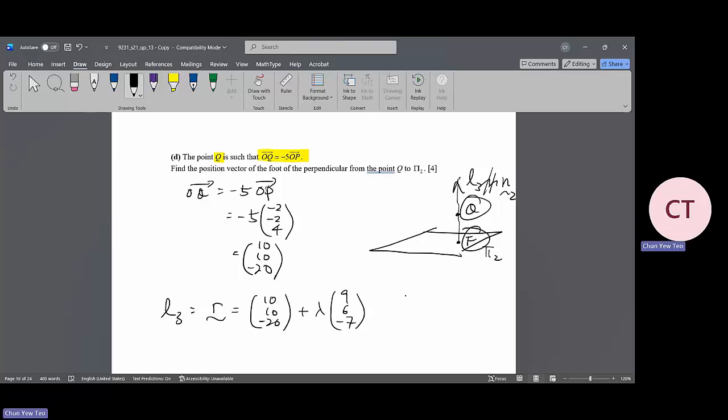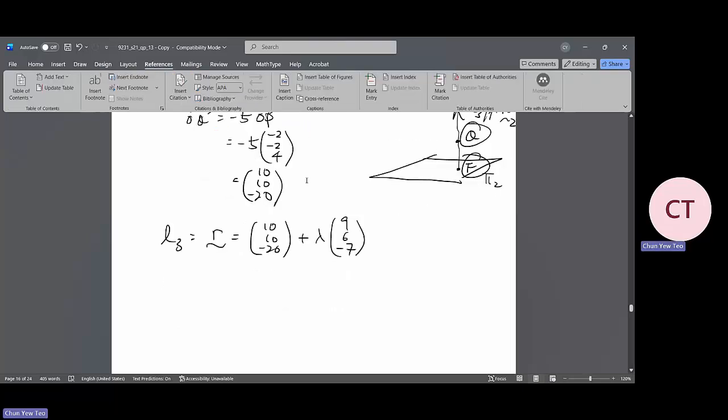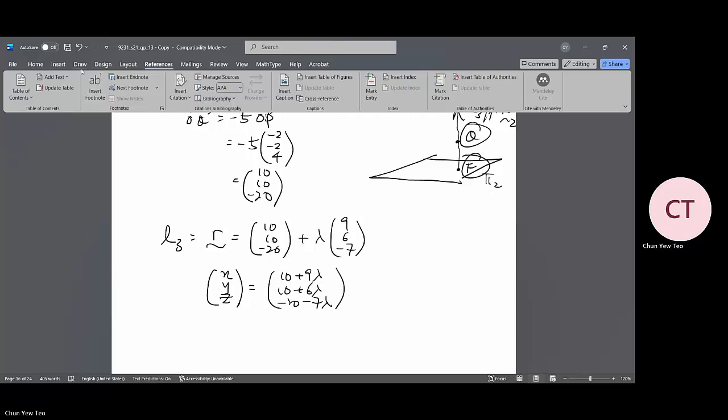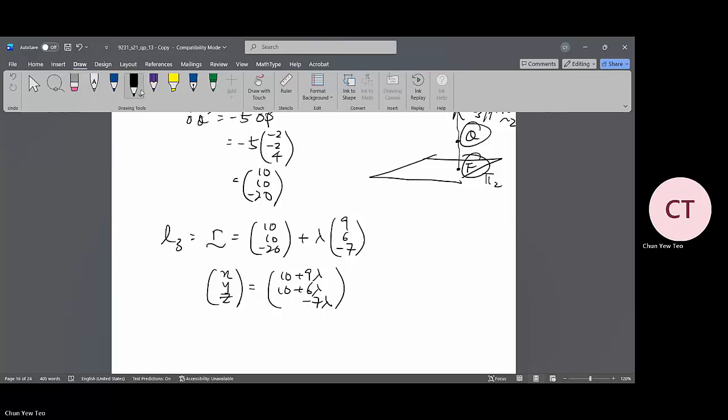I want to make it more positive, so I make it (9, 6, -7). That is my N2. So you combine them together, then it will become (10 plus 9 lambda, 10 plus 6 lambda, -20 minus 7 lambda). That is my equation 1.